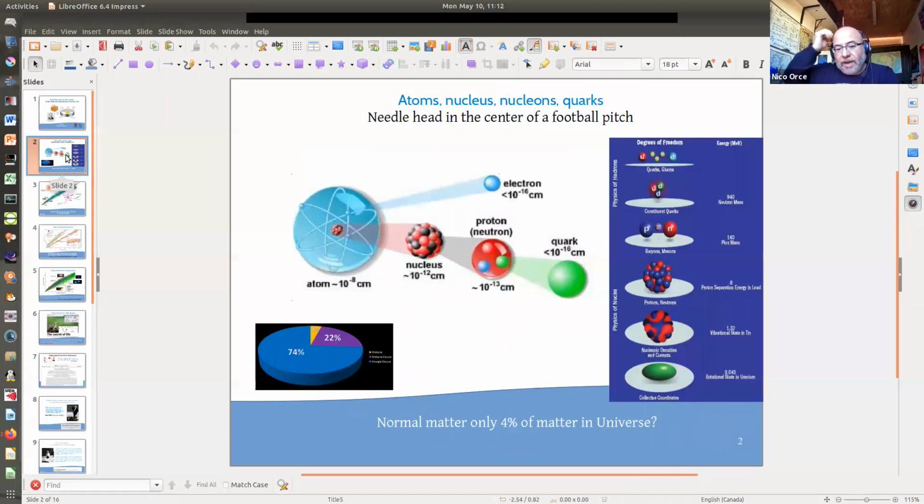So then, many years later, they discovered that the atom was made of a nucleus. But then, by looking inside the nucleus, they discovered that there was some kind of current inside the neutron. In 1932 the neutron was discovered, and the nucleus was composed of protons and neutrons, right?